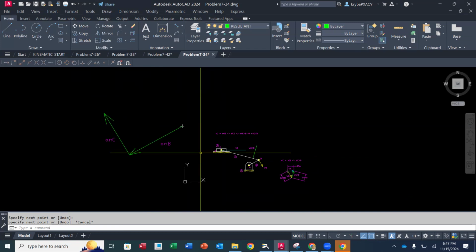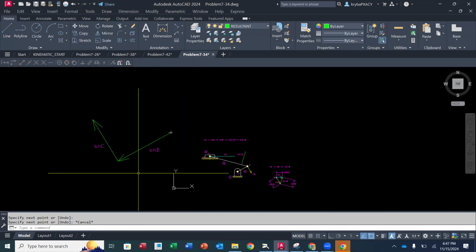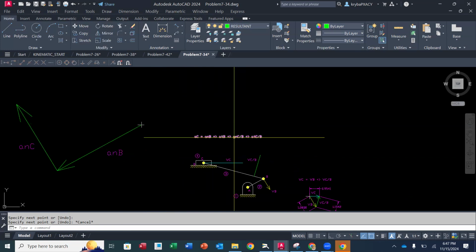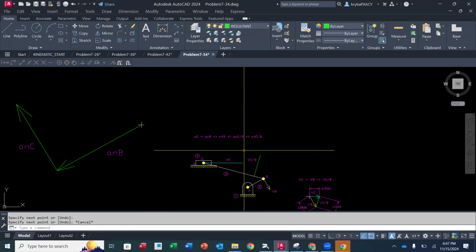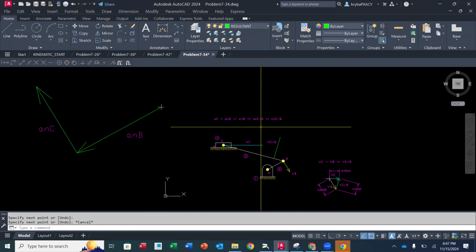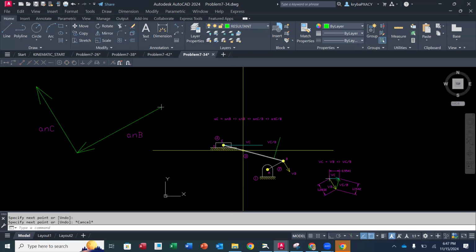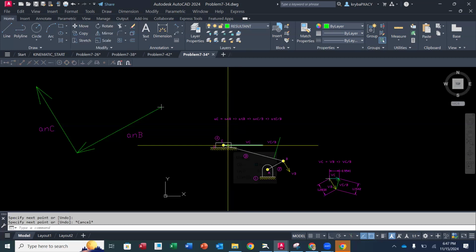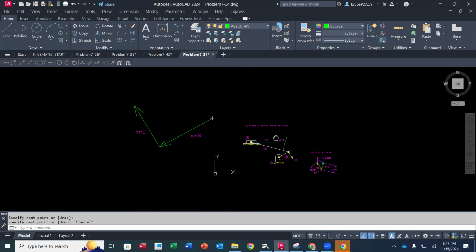Makes sense? Okay. All right, so now on the endpoint there, we're going to add the normal of C relative to B. The normal of C relative to B is going to be along link number 3, so that's its line of action. It's going to point from C towards B. So it goes from the unknown to the known.